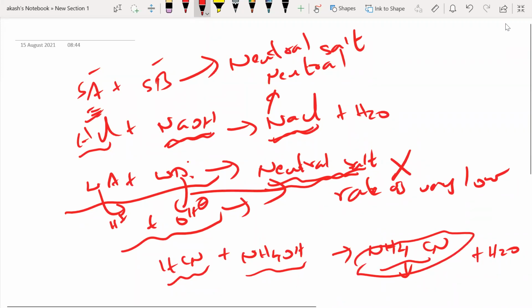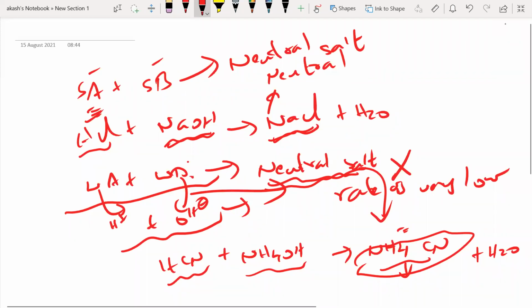Like if you mix hydrocyanic acid and NH4OH and make the reaction happen, you will see very, very little amount of NH4CN getting formed. And obviously it is neutral, no doubt about it. But the yield of the reaction, or the efficiency of the reaction, is very poor. Okay, did I answer your question, Kanna? Is it fine now? Yes, sir, I understood.